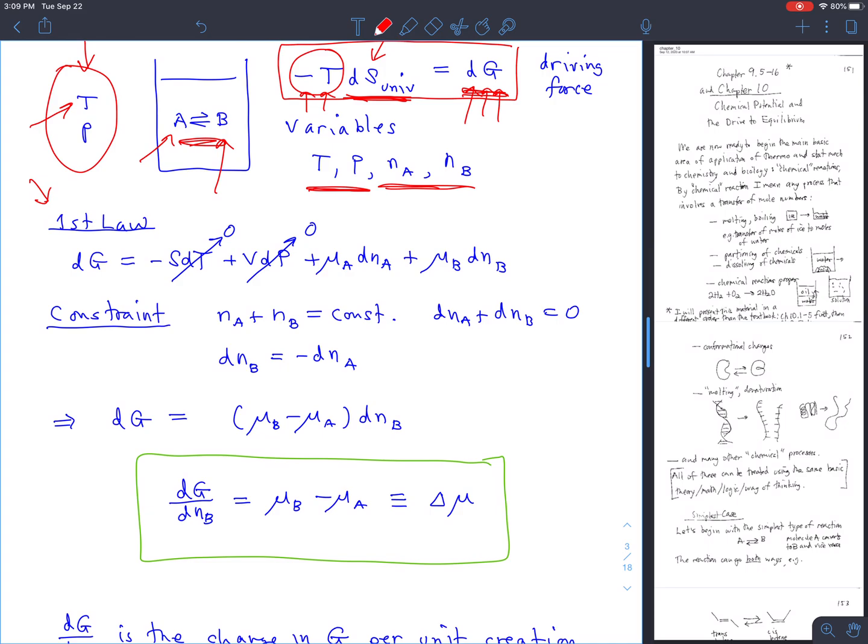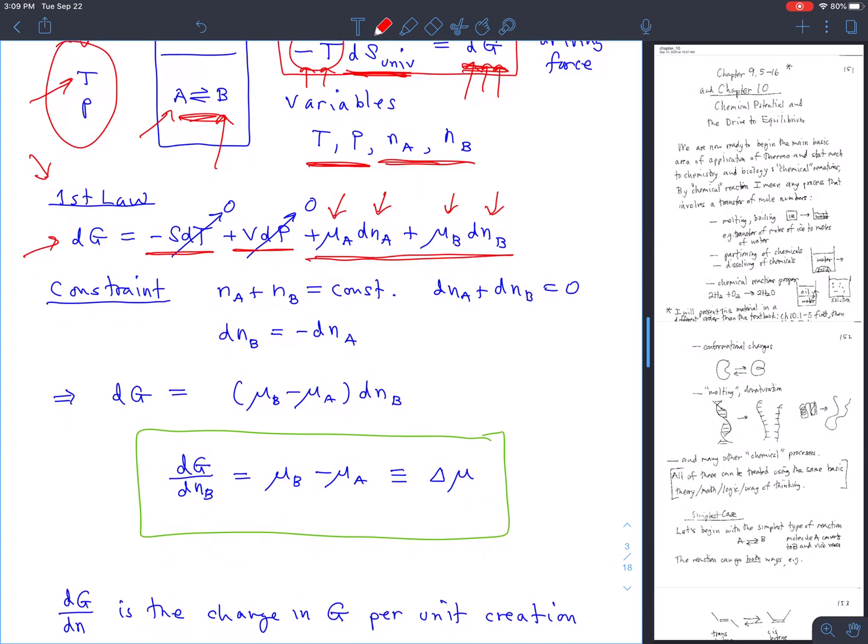And here's the first case where we're using them. We're writing out the differential expression for the Gibbs free energy. Then that differential expression is equal to minus S times dT plus volume times dP, plus terms that involve all the chemical species, the chemical potential for each species, and the change in mole numbers for each species. And so since there's only two species, that's chemical potential for A, mole numbers for A, and the same thing for B.